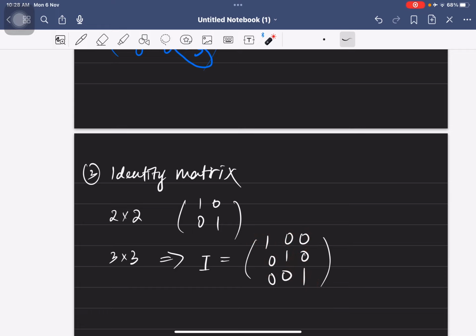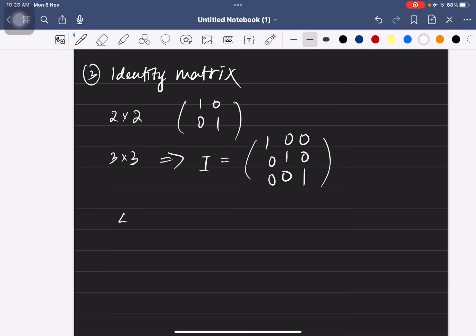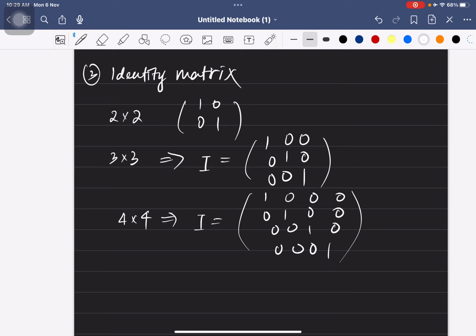What if it's a 4x4 matrix? We don't learn about this in SPM, but the concept is the same. The leading diagonal will still be 1, but now you have 4 rows and 4 columns. The rest will be 0.